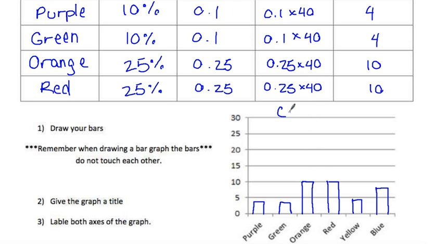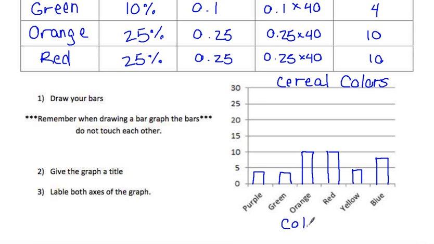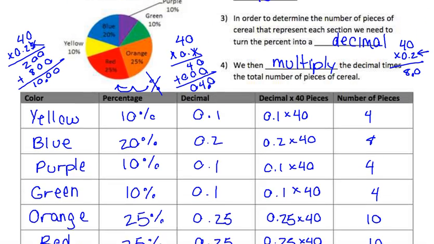So this is cereal colors. And then label both axes. So the bottom axis represents colors. And then this axis over here represents the number of pieces. Okay, and that's how you take a circle graph and turn it into a bar graph.